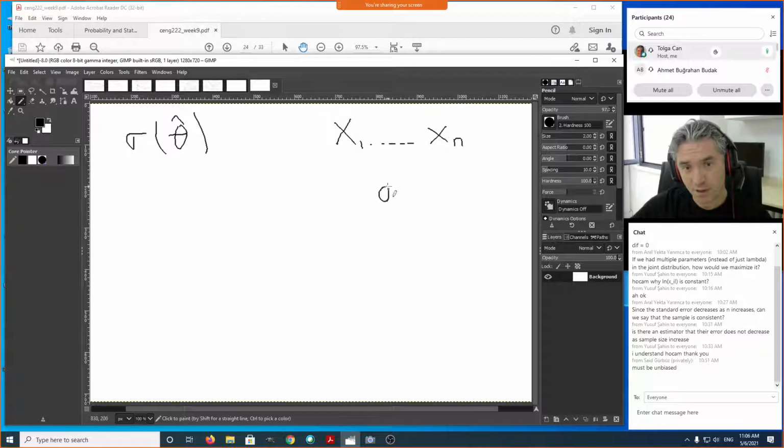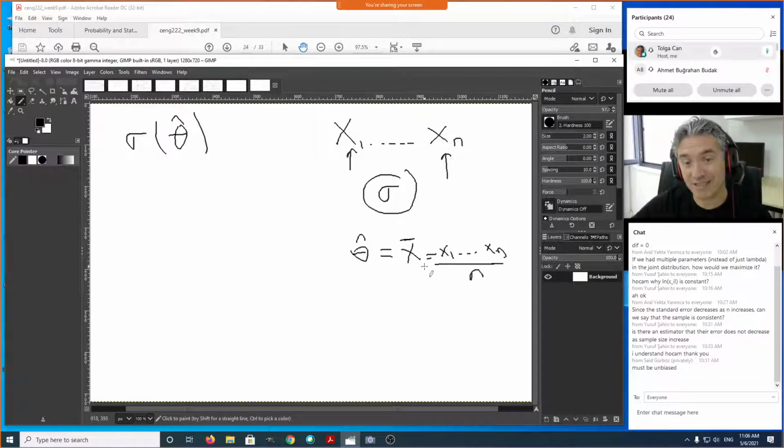If the standard deviation of these individual random variables is given to us as sigma, and our estimator here is the average, let's assume this is x bar, which means we sum them up and divide by n. We are trying to estimate the mean. So what is the standard error of a mean of a sample of size n?